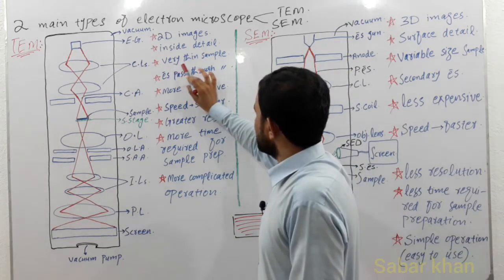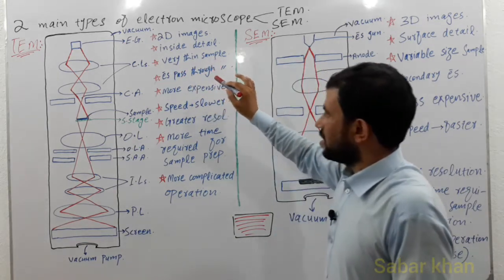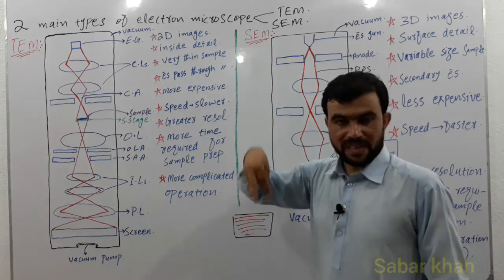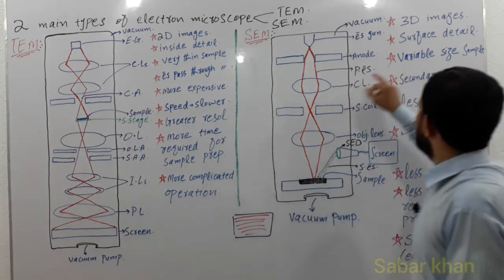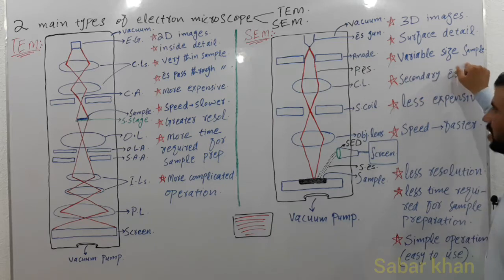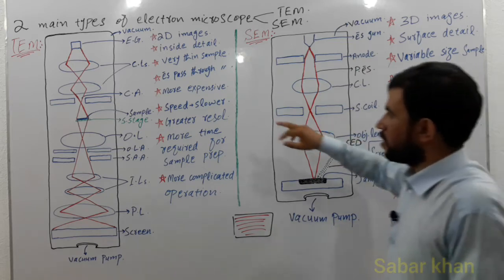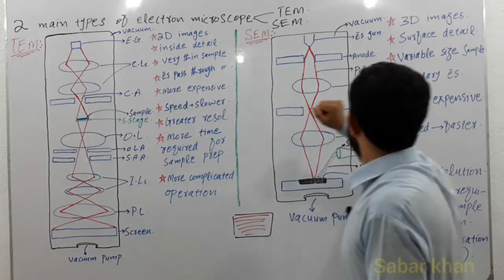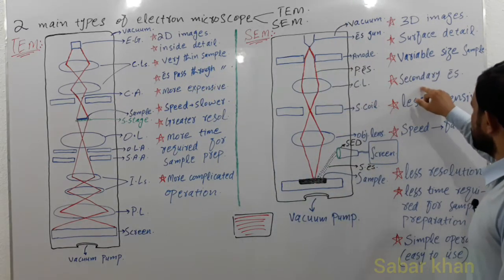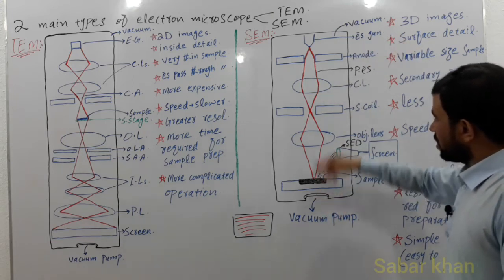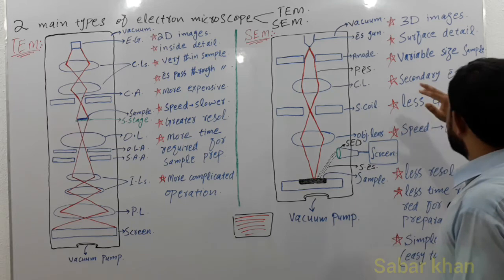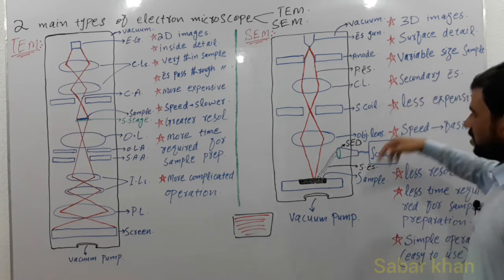Here a very thin sample is needed for the transmission of the electron beam, while here a variable size of sample is required. Here electrons pass through the sample. Here the primary electrons come towards the sample and emit the secondary electrons from the sample.